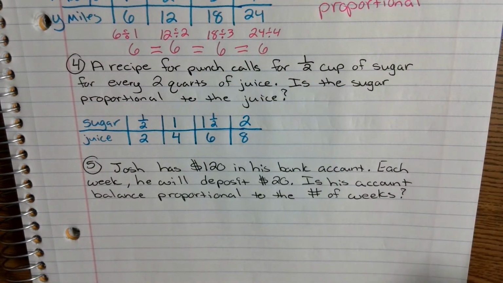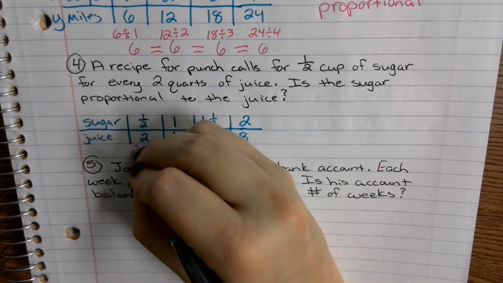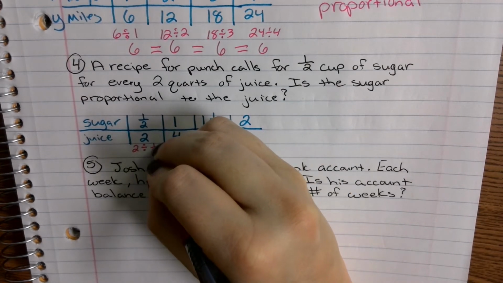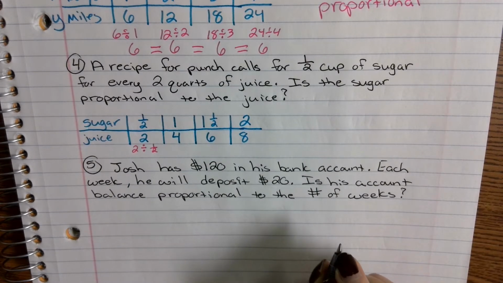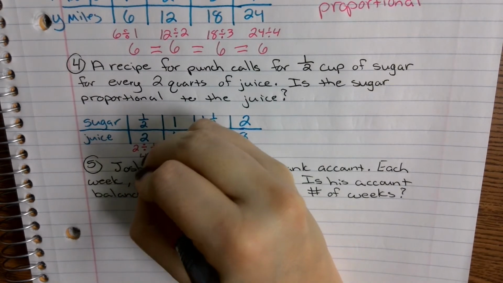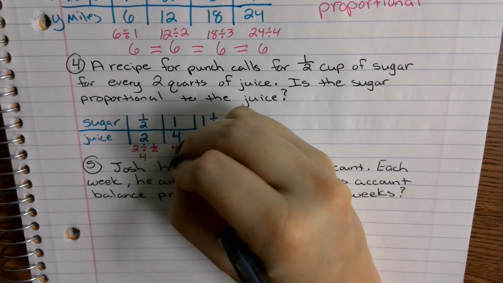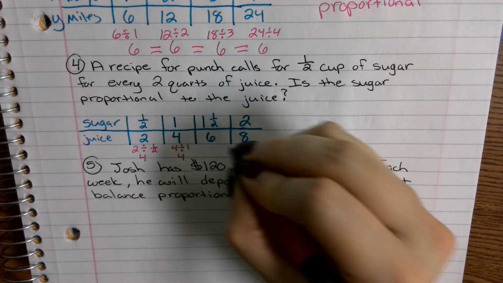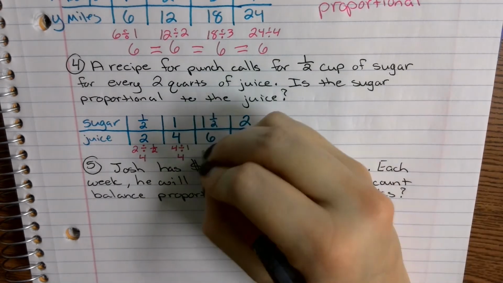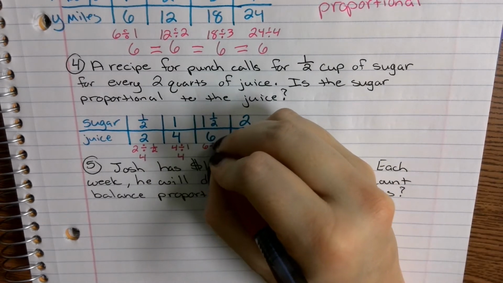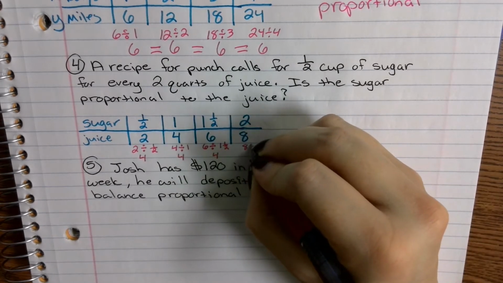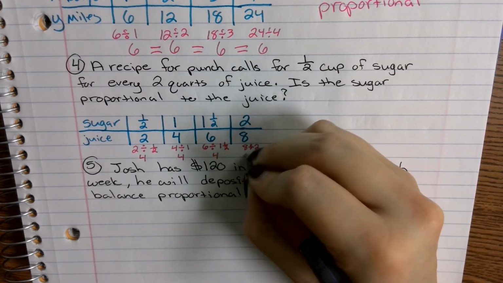Now, if you were to go ahead and find whether it has a consistent unit rate, 2 divided by 1/2 is 4. 4 divided by 1 is 4. 6 divided by 1 1/2 is 4. 8 divided by 2 is 4.